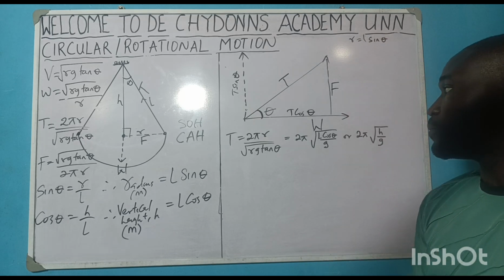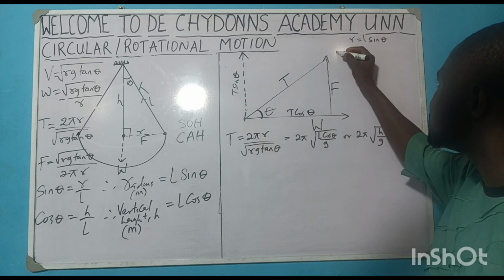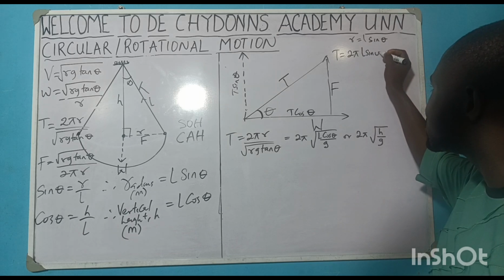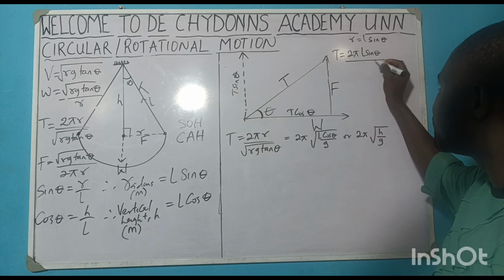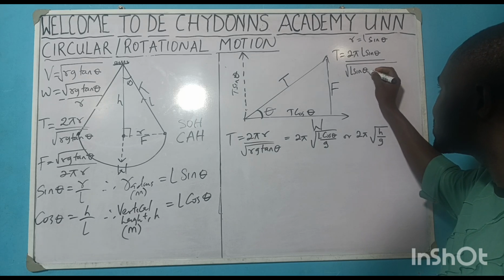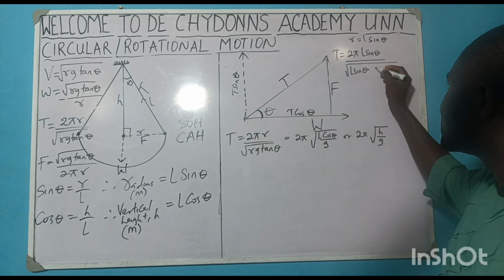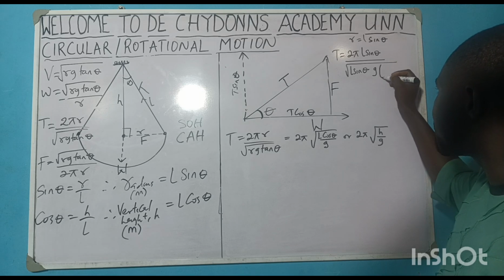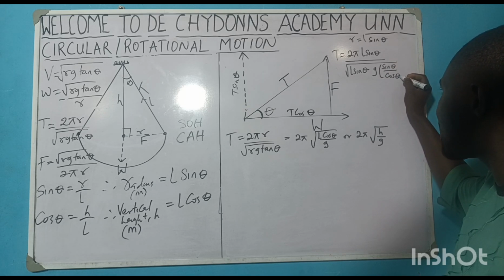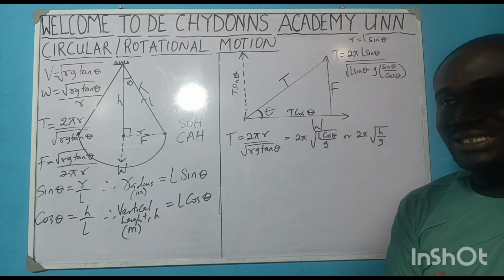And so bringing it inside here, we'll be having T equals 2 pi L sin theta, divided by square root of what? L sin theta, which is this R, then g bracket sin theta over cos theta, which is equal to tan theta.